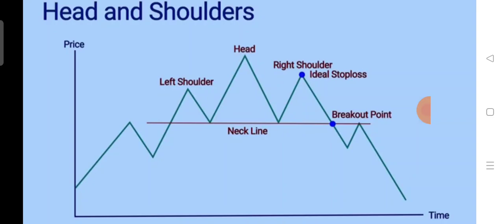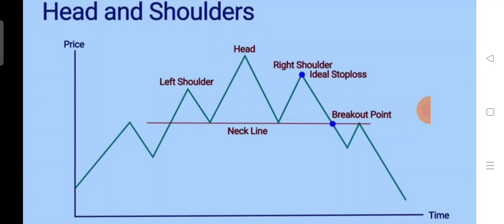So that is why we keep a stop loss. Normally the stop loss is kept above the nearest high. So if there is a price breakdown, the nearest shoulder is kept as the stop loss. But that is often a big enough stop loss.